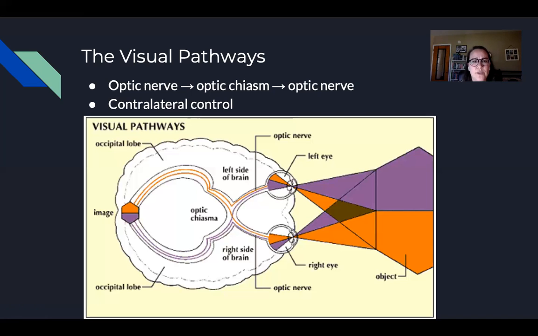And so if we just take a look at this really simple diagram here, and specifically how the eyes are positioned, it's hard to imagine how the right eye sends information to the left side of the brain and the left eye sends it to the right side of the brain, because we are seeing this whole integrated field.